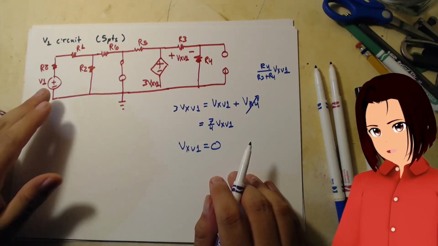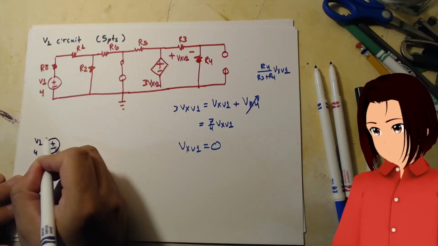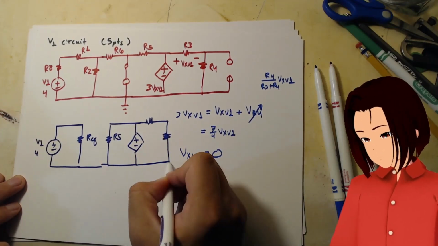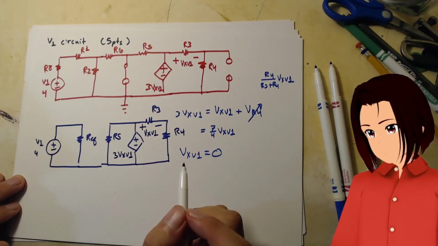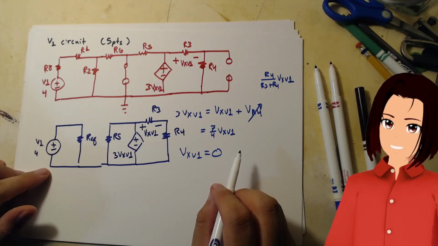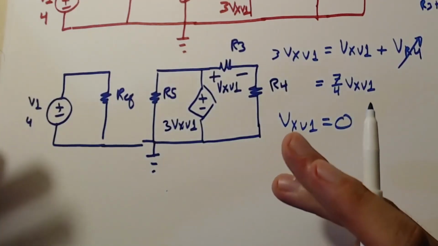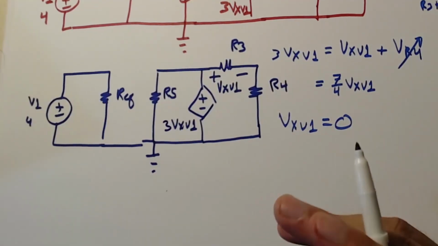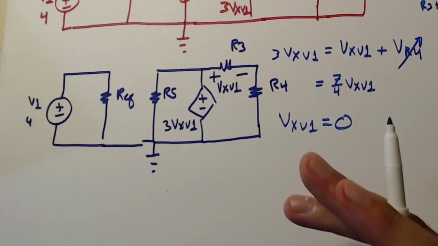So how about this? I'm going to redraw this circuit so you can see it a different way. So here's the circuit. This is the same circuit as this. So from this, it's more clear. And here's what I mean. The current flows from a high potential to a lower potential.